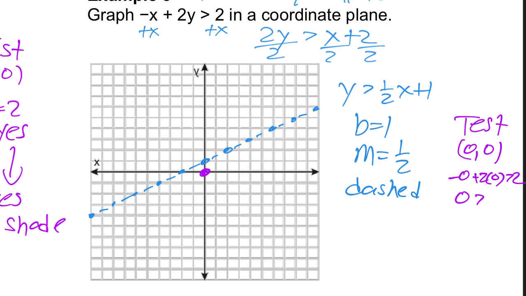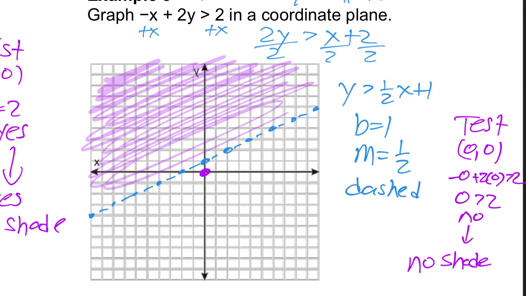I'm going to get 0 greater than 2, which is a no. No means no shading. So I don't want to shade on that side. So if I don't want to shade there, I want to shade on the opposite side, which is going to be up here. So I'm going to shade way up here.